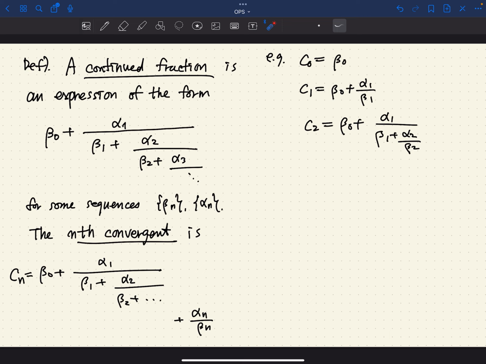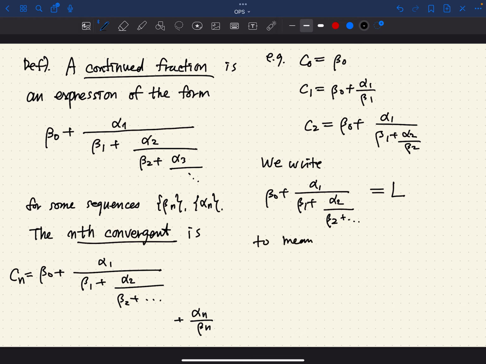So everything is fine. So when we write that this continued fraction equals L, we mean L is really the limit of this convergent as n approaches infinity.